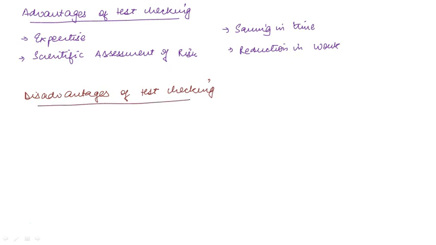First of all, it's naive and biased. So this means that test checking is a matter of the auditor's personal assessment. If the auditor is feeling biased, say the company belongs to his friend, then in that kind of situation, my dear student, what is going to happen is that he will be totally biased.